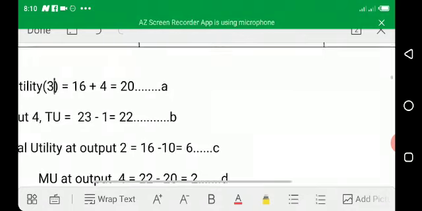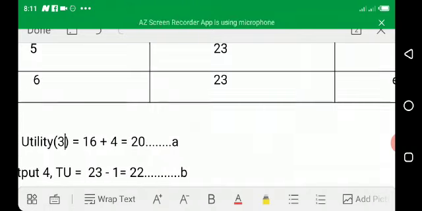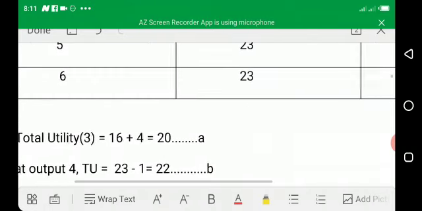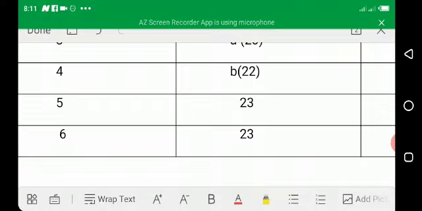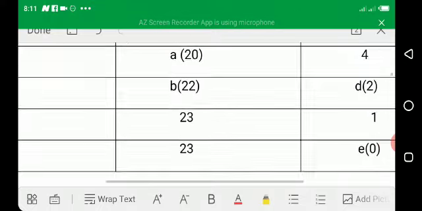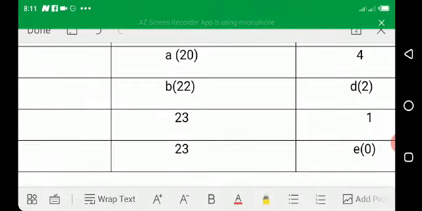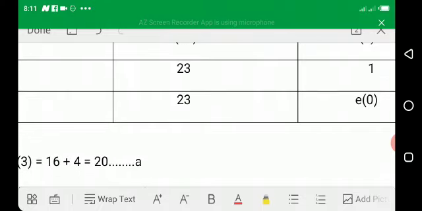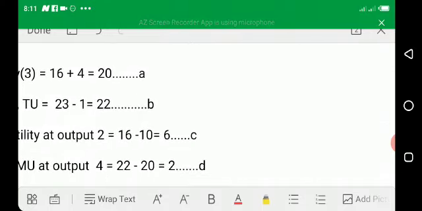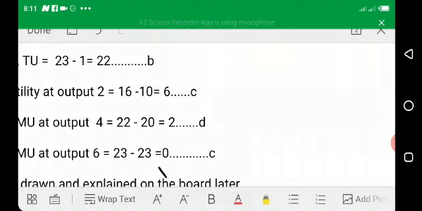So go back to the total utility column. Total utility at output 4 will be the total utility at output 5 minus the marginal utility at output 5 as well. And that will be 23 minus 1, which will be equal to 22. That's why we arrive at 22 at output 4.